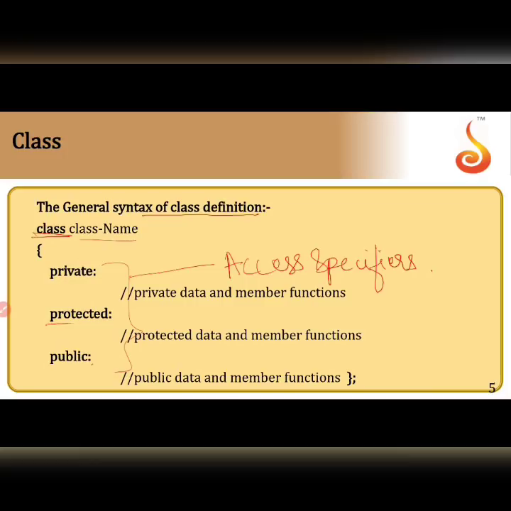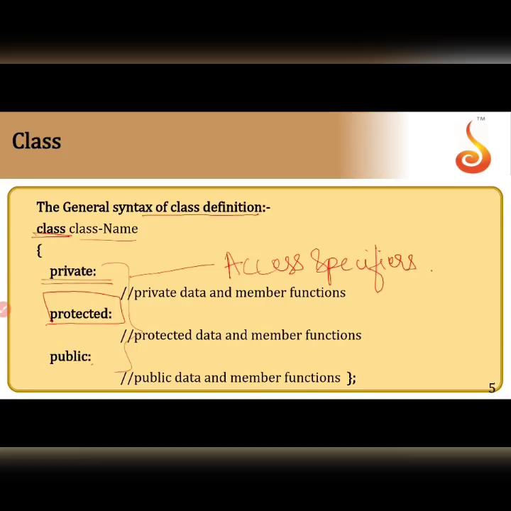But protected will come into the picture only in case of inheritance. Only if it is inheritance you will have protected, otherwise it will be only private and public. And the default access specifier, that is, if I don't specify anything, will always be private.